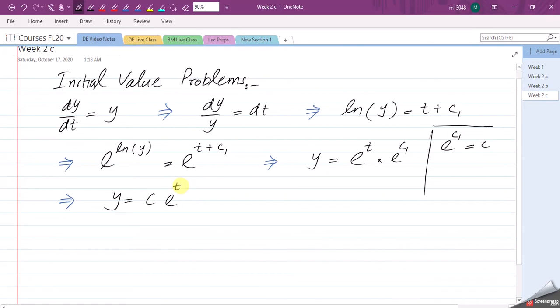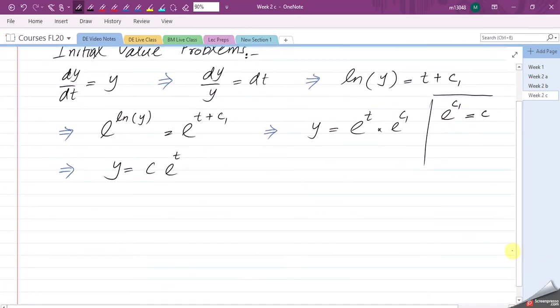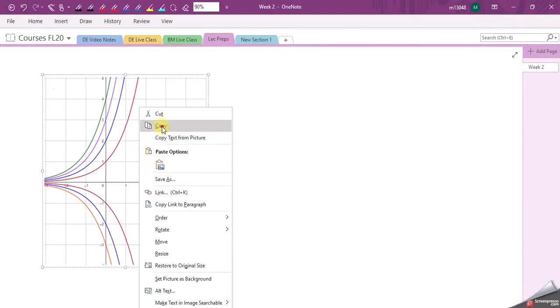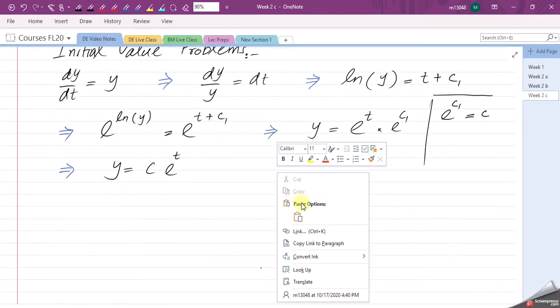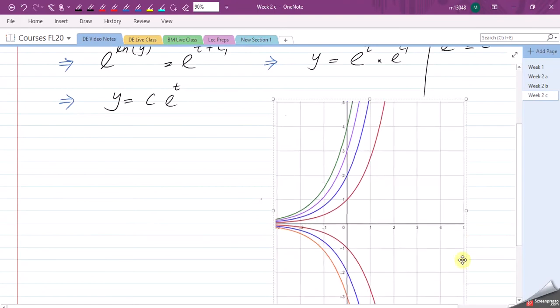This is a very well-known function, exponential function. If we would like to make graph of this function, we can easily make graph of this function to understand it a little better. For example, here I have graph of this function. Obviously, I will have to suppose some values for C to plot the graph.